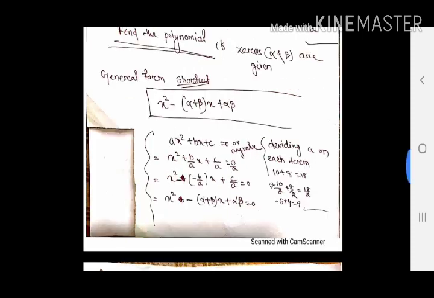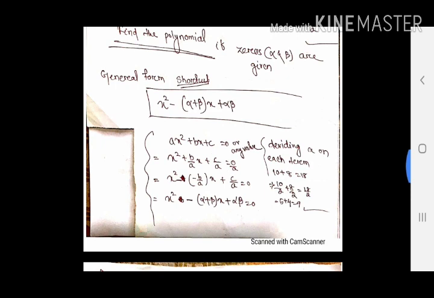So as always, there is a shortcut formula for it. If alpha plus beta and alpha beta are given, we can find the polynomial with a very short formula. It is written on the screen, check it: x square minus (alpha plus beta) x plus alpha beta, that is the polynomial.